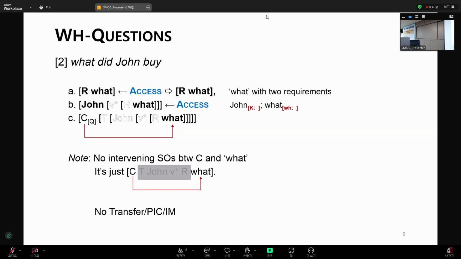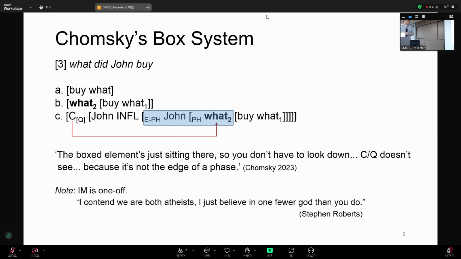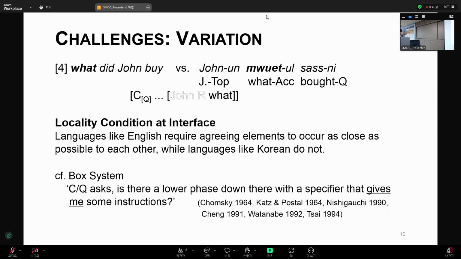So it may look like the difference is huge between the two, but it's only a difference by 1. So only one internal merge in Chomsky's system, and internal merge is just reduced to 0 from 1 in my dynamic access model.